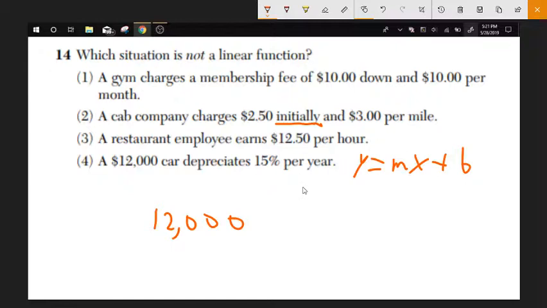That's not a constant rate of change, because actually what we'd be doing is multiplying this by 1 minus 0.15 for this rate of change to happen, and that's not the same as our linear equation. So we're going to pick 4 as our final answer.